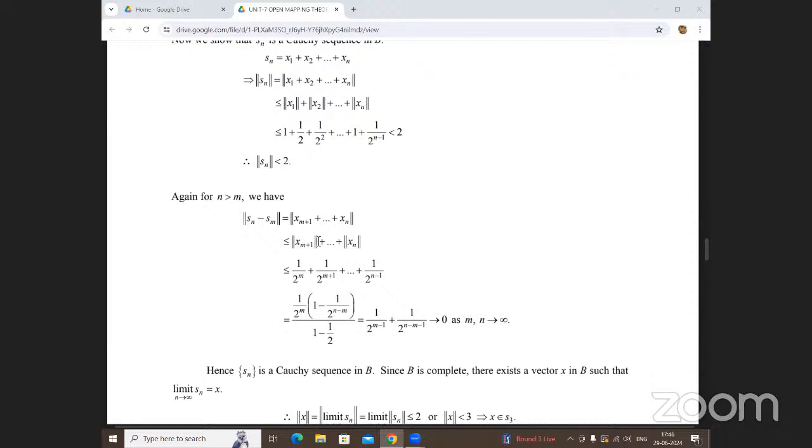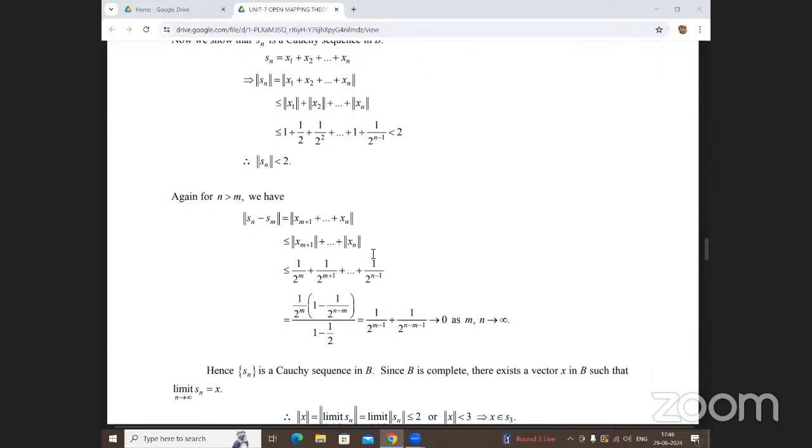Each and every value is less than or equal to 1 by 2 power n minus 1, so this is 1 by 2 power m, that is the convergence point. And the next norm xm plus 2 is less than or equal to 1 by 2 power m plus 1.